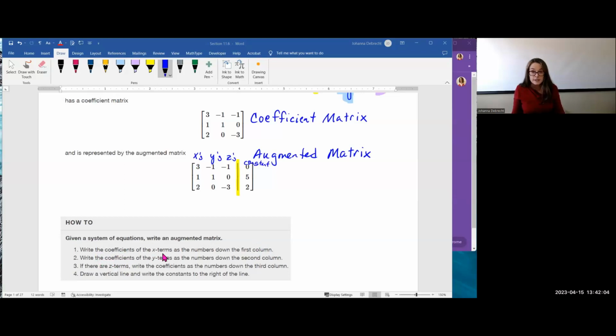Again, all the X terms become column 1, Y terms become column 2, Z terms become column 3. If you are missing a term, it gets filled in with a 0. And then you draw a vertical line and you write the constants to the right of the line. But that means that your equations have to be x, then y term, then z term, then equals, then constant. The equals has to go before the constant.